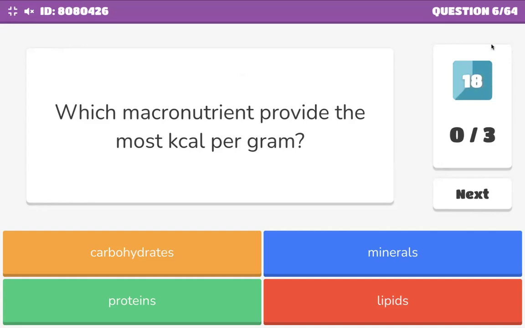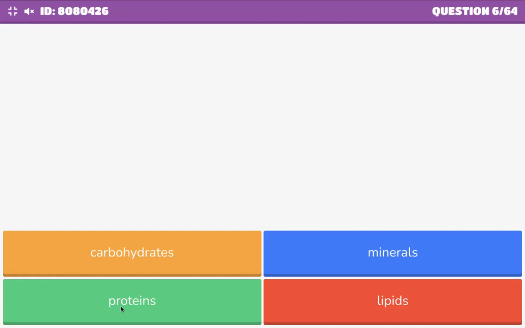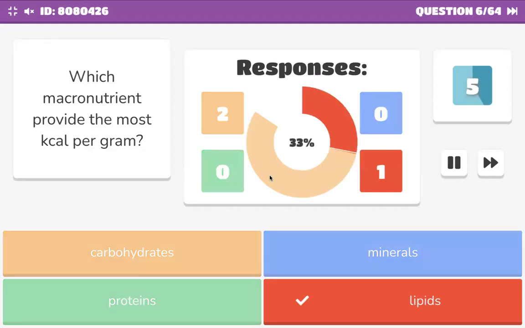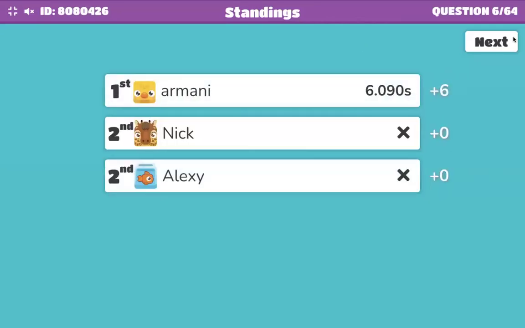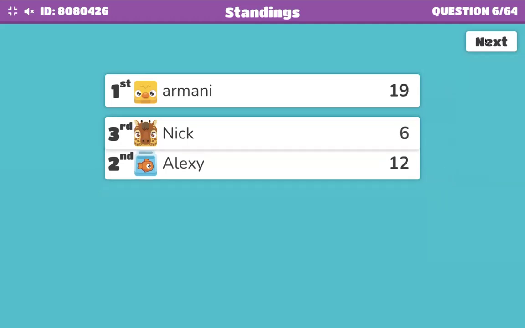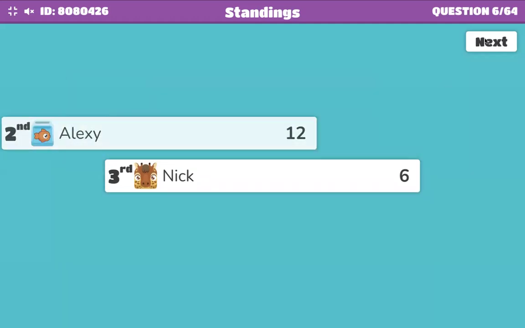Which macronutrient provides the most kcals per gram? Lipids. They provide 9 kcals per gram, while proteins and carbs provide 4. So they're very dense.